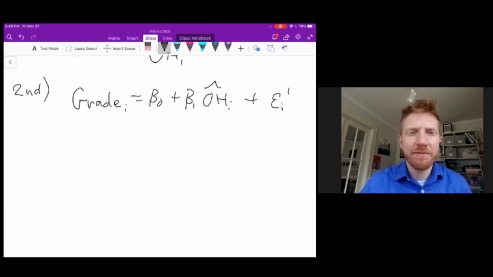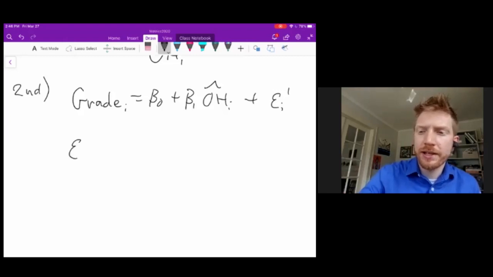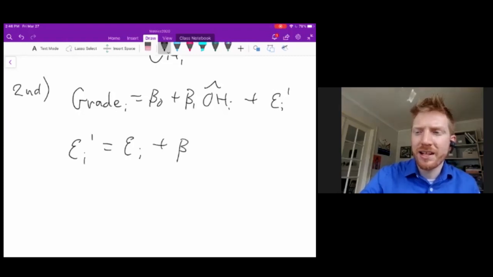And I just want to emphasize, putting the prime there, that our error term has changed, because our error term now includes our previous error term and also the unexplained portion of office hours. We're now just leaving that out and leaving it to the error term. So that's an example by way of review.